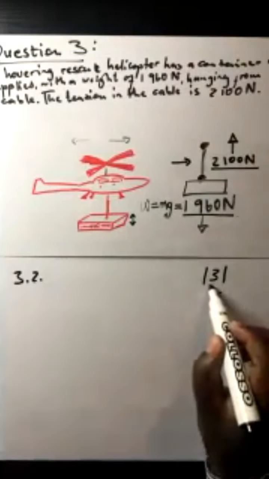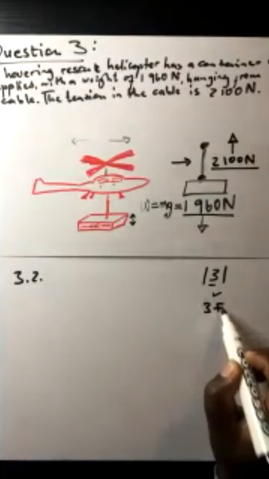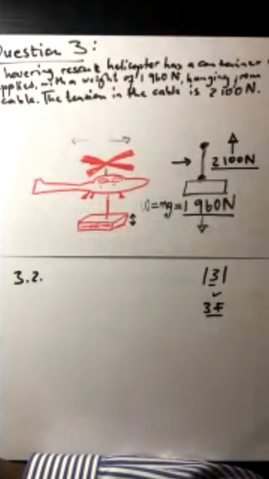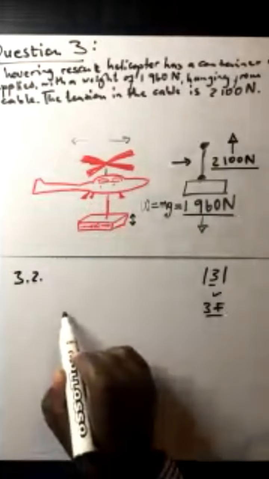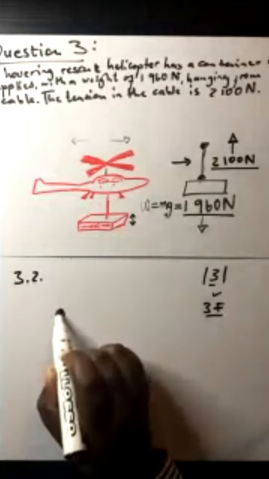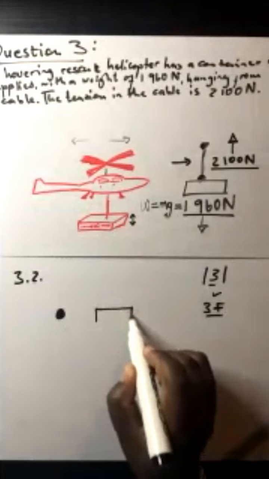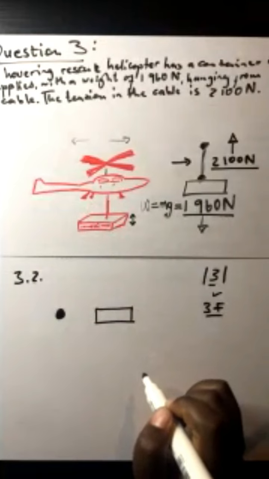So this is an indication that we actually have 3 forces acting on that container. Remember, the question says draw a labeled force diagram of all the forces acting on the container. You can either make a dot to represent the container, or you can make a drawing similar to that to represent the container.